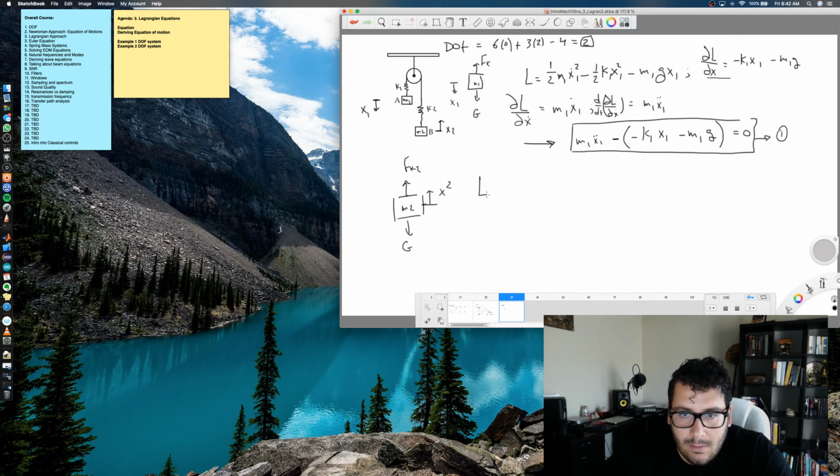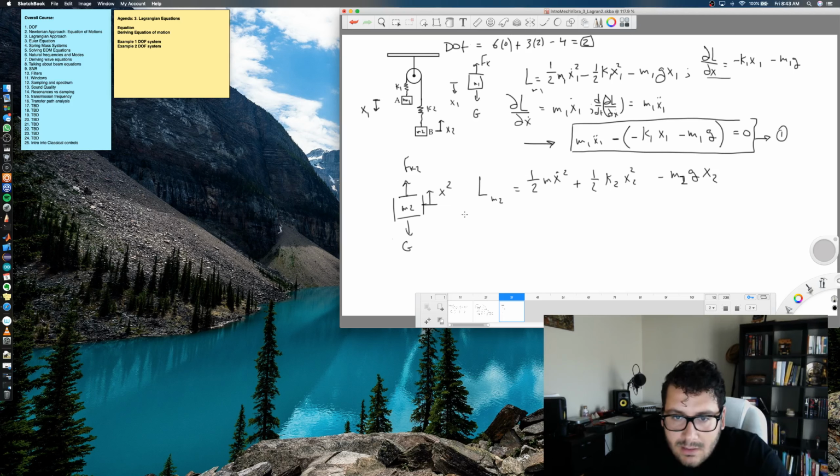So my equation for m2 is going to equal, again, now I'm going up, so half of m x dot squared plus, because I'm going up, remember, half of k2 x2 squared, minus my potential energy, which is m2 g x2.